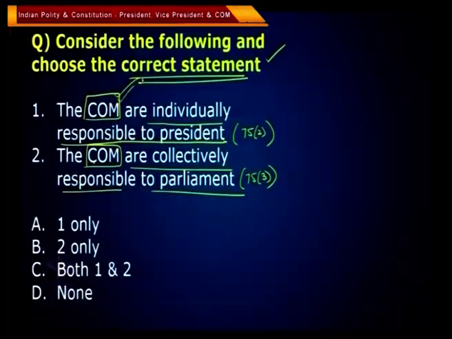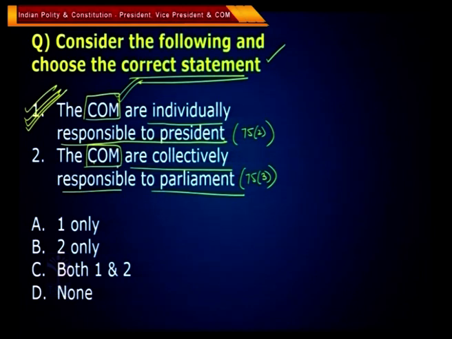Every Council of Ministers shall communicate their work to the President of India via the Prime Minister. So the reason all Council of Ministers are individually responsible to the President is an absolutely correct statement. Look at the next statement, friends.